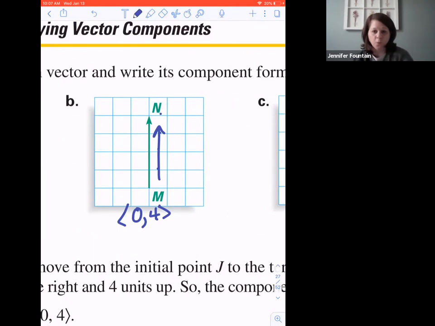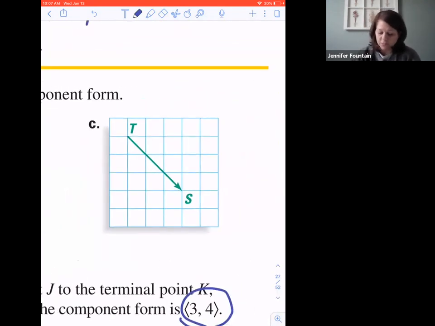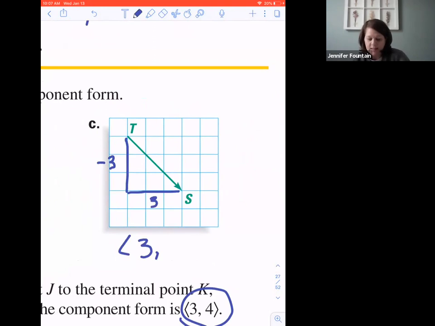So it's 0, 4. And then looking at T to S, I'm going down 1, 2, 3. So that would be a -3 down, but then I went 1, 2, 3 to the side. So remember, my horizontal is my first number. So that would be 3. Or actually, let me rewrite that.